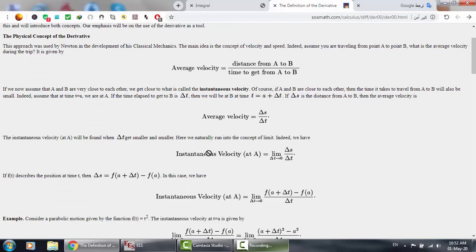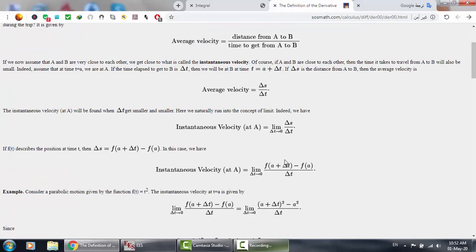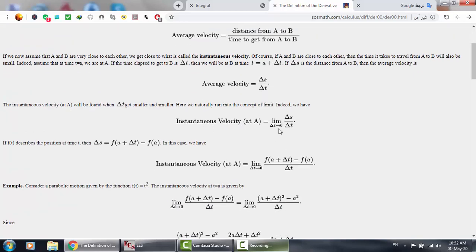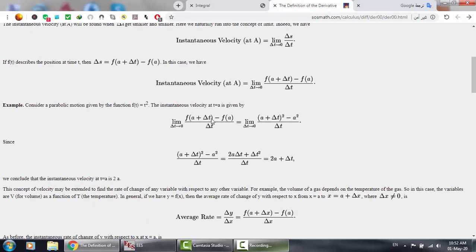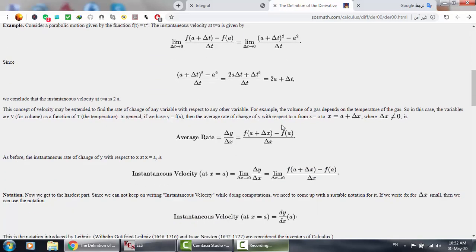So instantaneous velocity will replace the average velocity, and when I talk about instantaneous, I will use the limit because I will use delta t approaching 0. Instantaneous, and we have here, just use any equation you want, and then you use substitution.